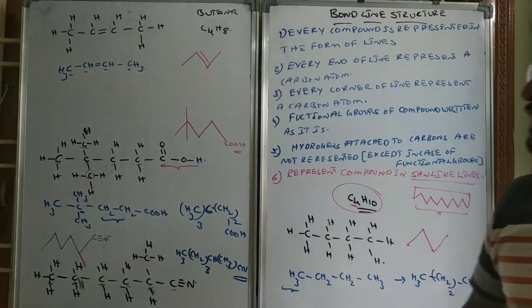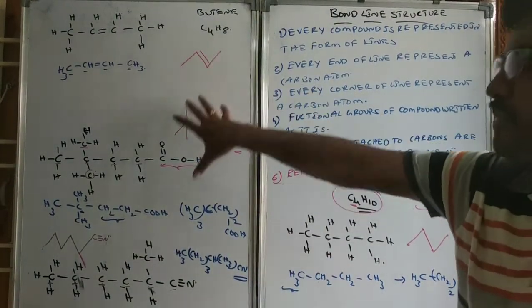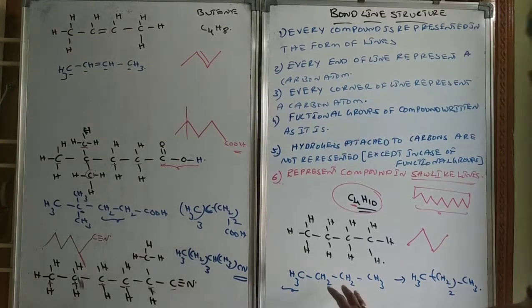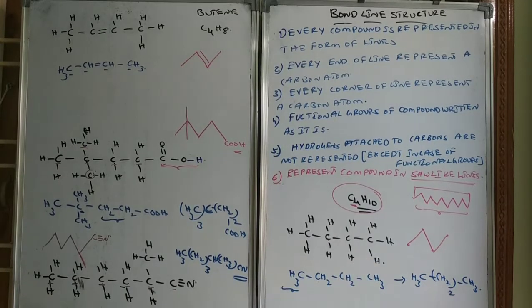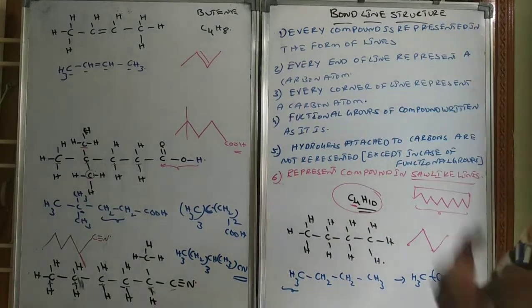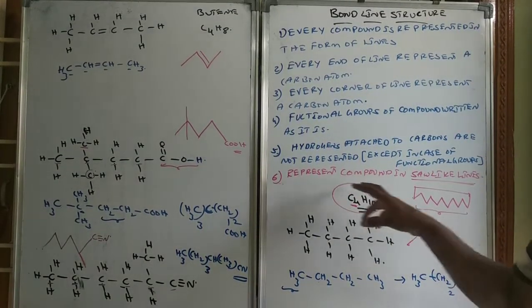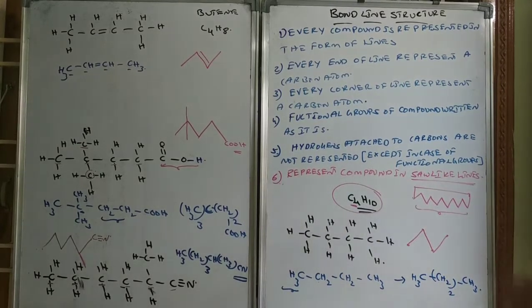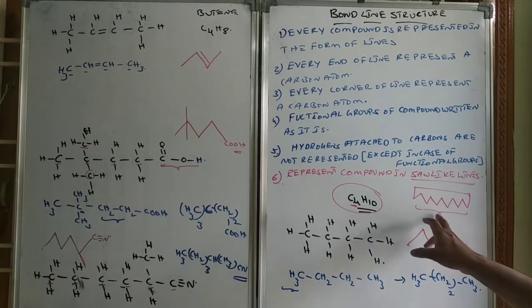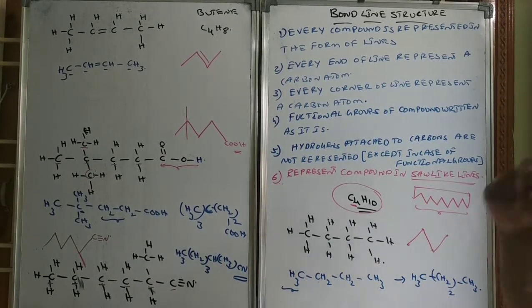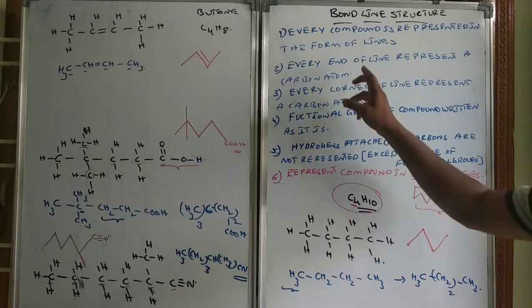Whatever the compound is, you can write its bond line structure. You can condense it into different forms and write the structures. Like this you can write. What is this? Bond line structure means every compound is represented in the form of zigzag or crisscross lines. Every end and every corner represents a carbon atom.